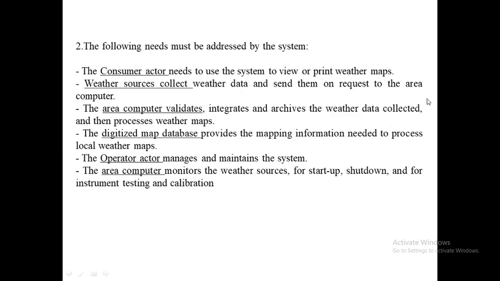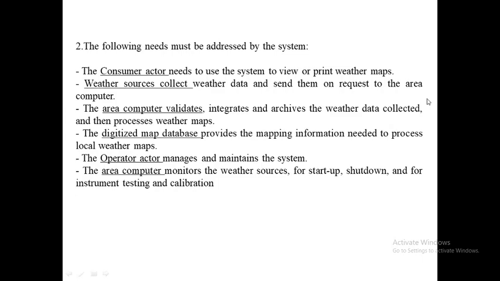It is a machine which contains some sensors, to collect weather related information with the help of a set of sensors. Next, the area computer validates. It integrates the activities and data collected and processes the weather maps. Digitized map database provides the mapping information needed to produce local weather maps.